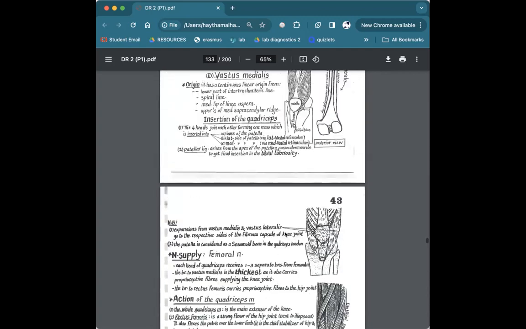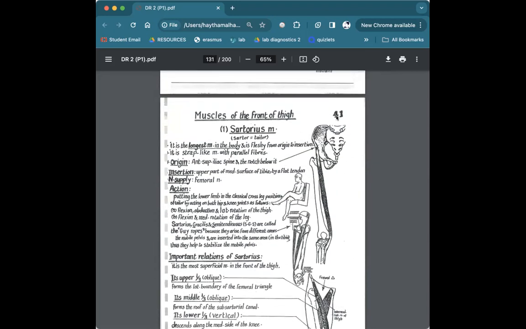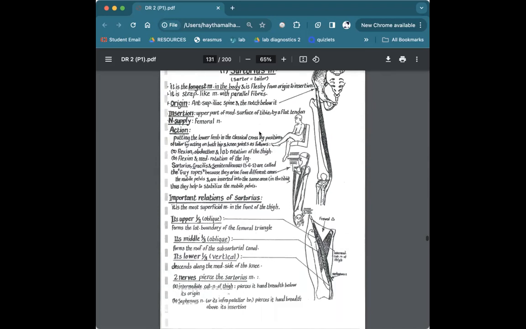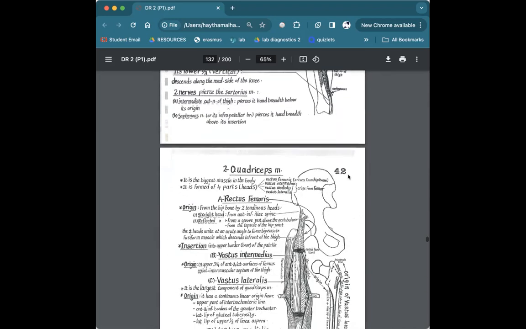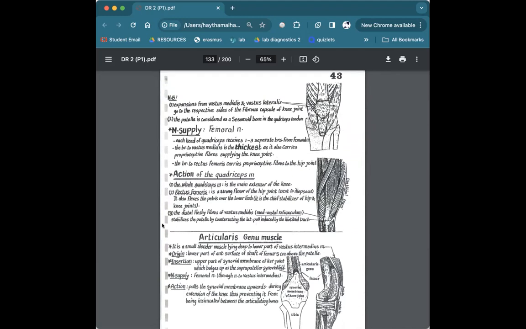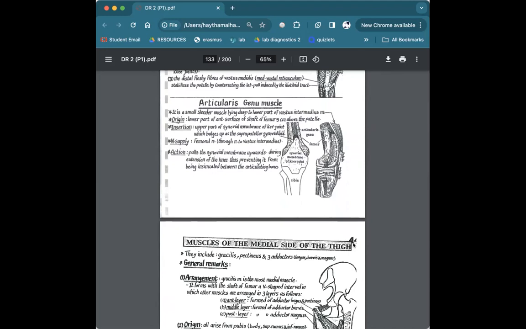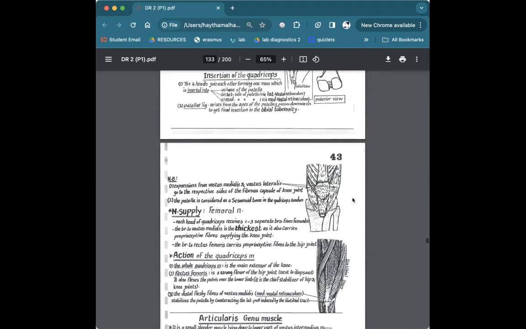Here. So you have muscles of the front thigh, page 41, sartorius, 42, 43, up until here. 44 is not needed. So you have 3 pages for the anterior compartment and 2 pages for the posterior compartment.